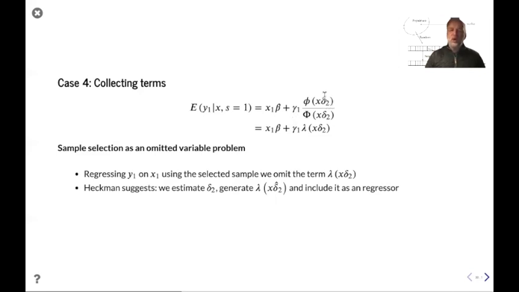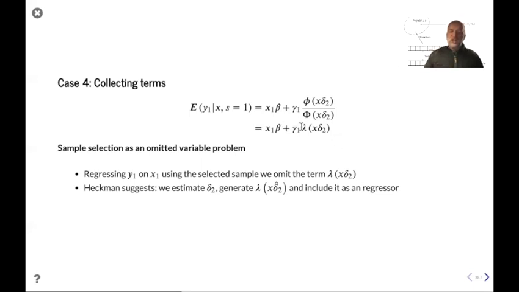So if you were to know delta, we observe x, then we have a regression function that we can deal with. By the way, this last term here we also sometimes call the inverse Mills ratio, and for short, it's just a function lambda of x delta 2. It's not lambda times, but a function lambda of x delta 2, and that function lambda is equal to this expression up here.